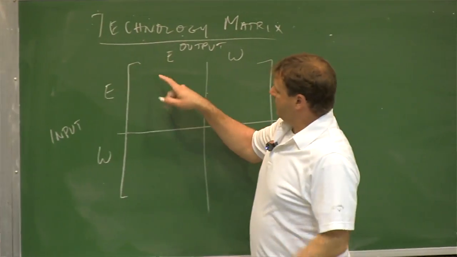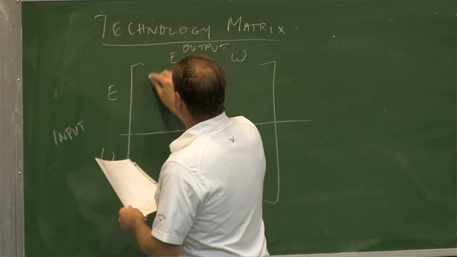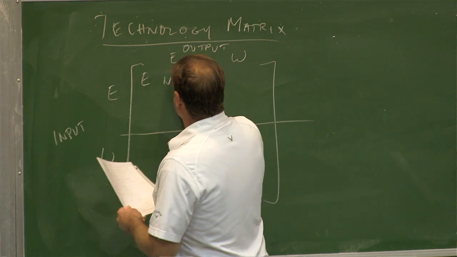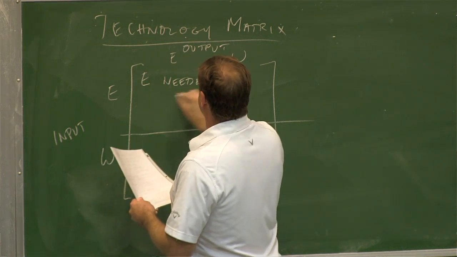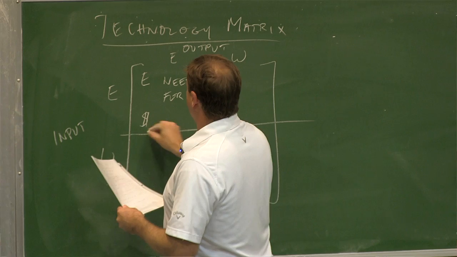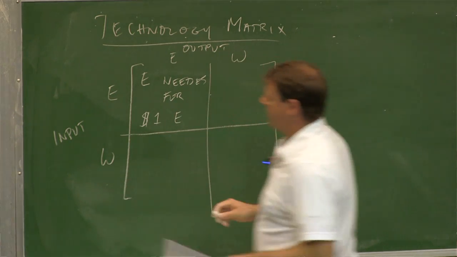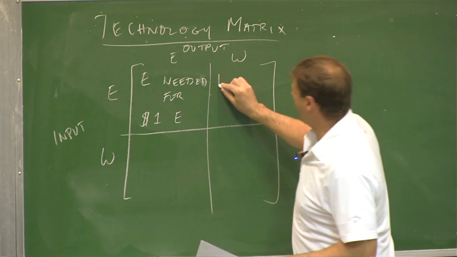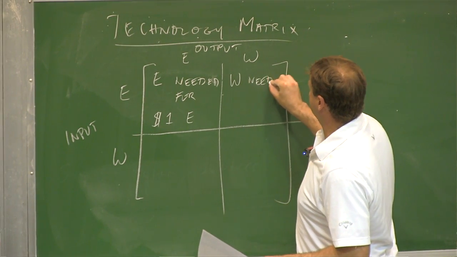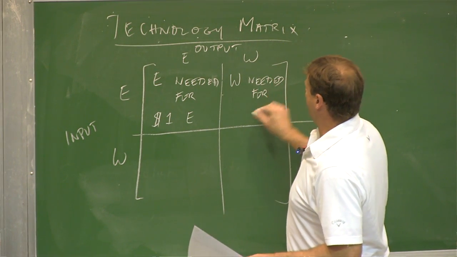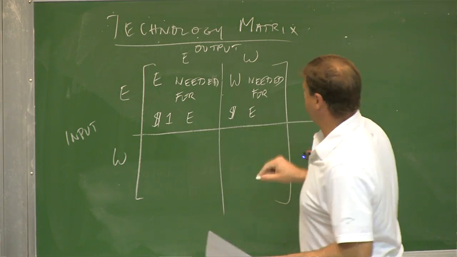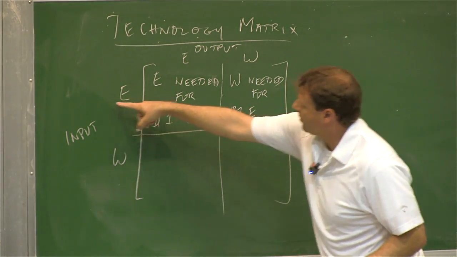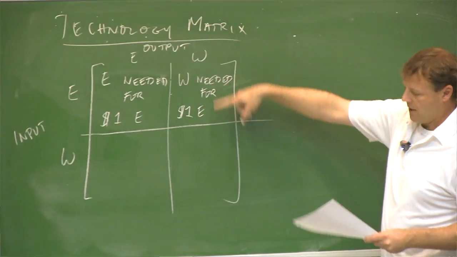So let's write it out in English here. This is the electricity needed for $1 of electricity. And then this will be the water needed for $1 of electricity. So this is all the $1 of electricity, and this is the water needed for that.